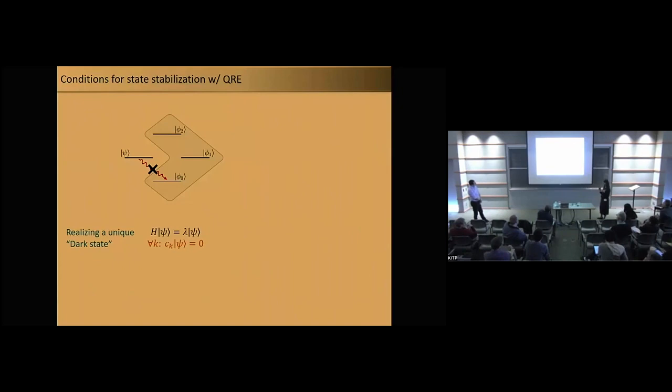In Hamiltonian systems, if you have a degeneracy, a superposition of those states is also a valid eigenstate. But in open systems, if you have multiple pure states which are not carefully engineered and they simultaneously satisfy these conditions, you get a mixture of those pure states. That means the overall state is mixed, not pure.